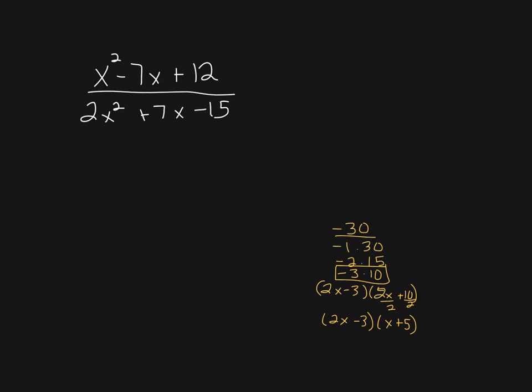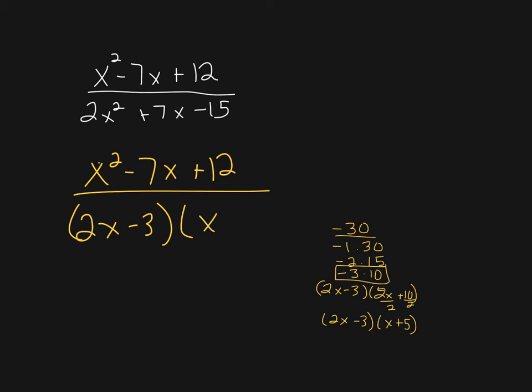Okay, so now we have x squared minus 7x plus 12, and then in the denominator, 2x minus 3 and x plus 5. So our excluded values, 2x minus 3 cannot equal 0.